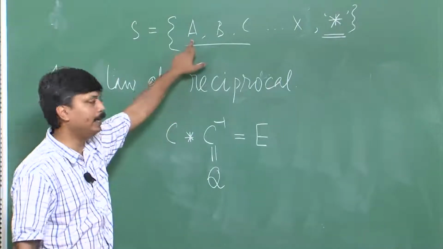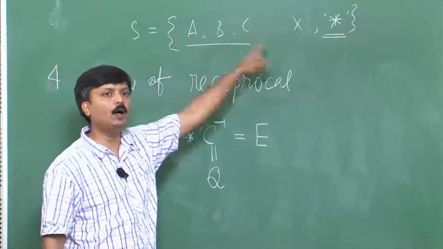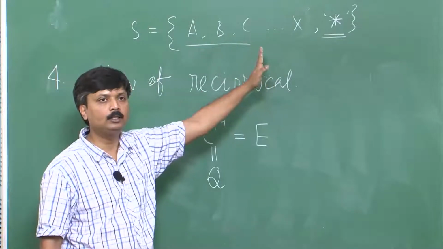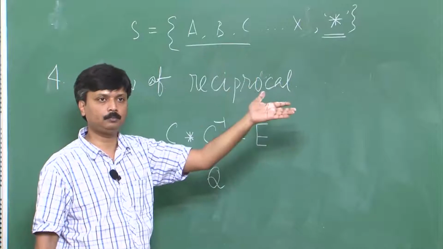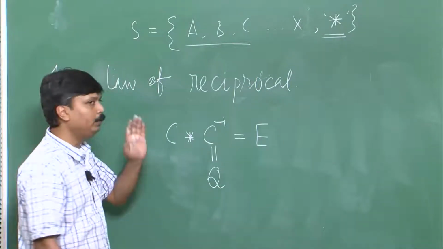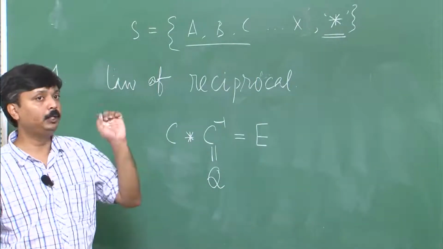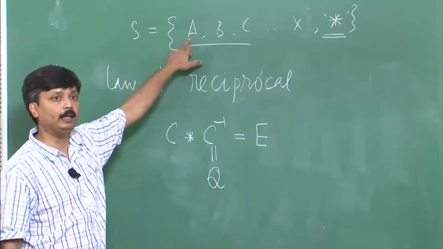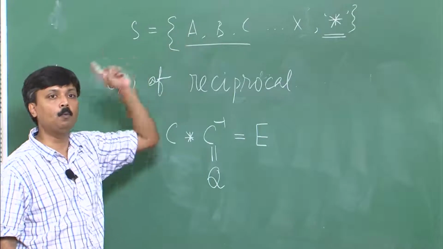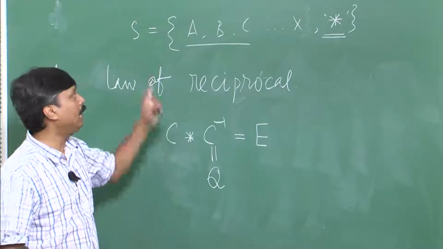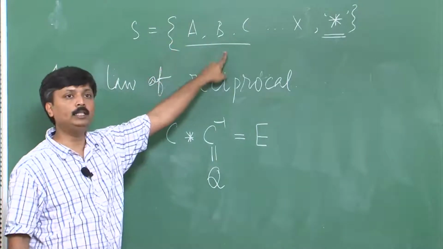If I choose A, then there must be only one element, say R, such that R is equal to A inverse. And you will not find any other element which will be reciprocal of A again. So this reciprocal or inverse of A must be one, and that must be a part of this set.